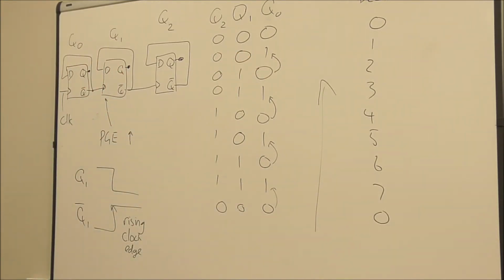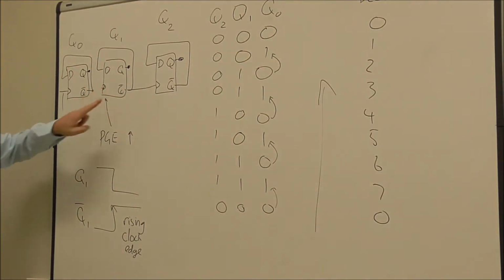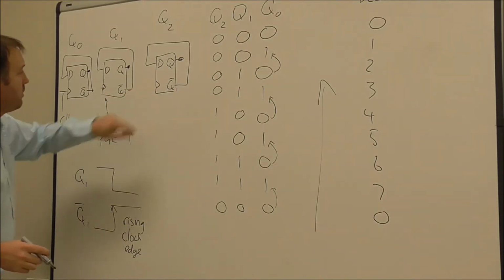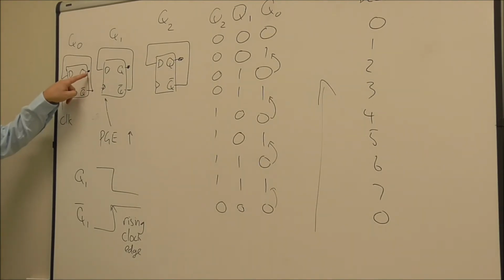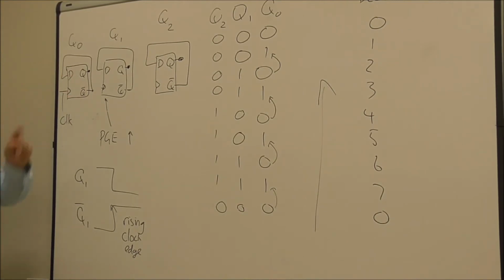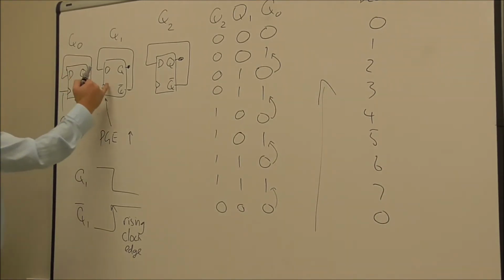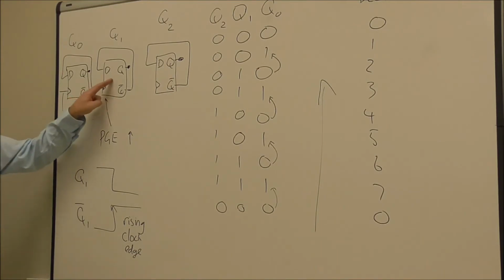Okay? So I need to change how my flip-flop is connected, because if this one goes from 0 to 1, well, that's a rising clock edge, isn't it? And that's what we want it to do. We want this to see that rising clock edge and change on it.